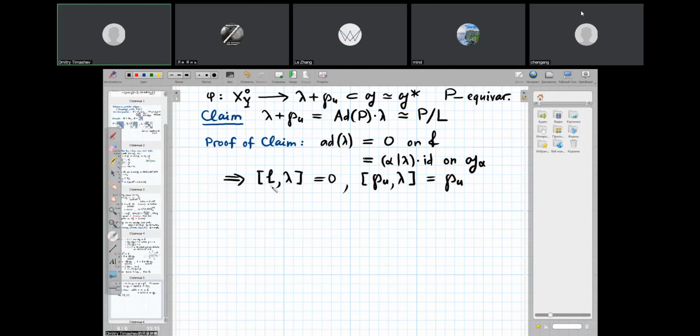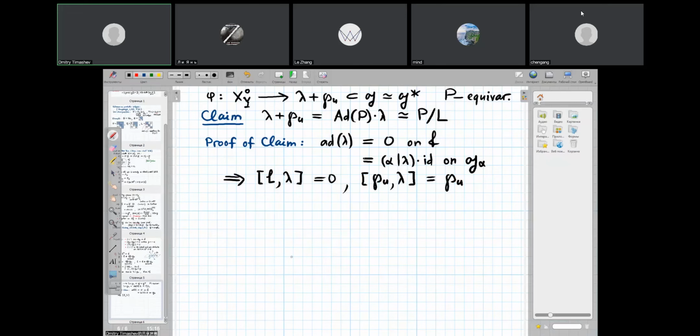As for L, it consists of T, on which the action is 0, and of those root subspaces for which this inner product is also 0. So the action of L is 0. So I explained these two equalities.